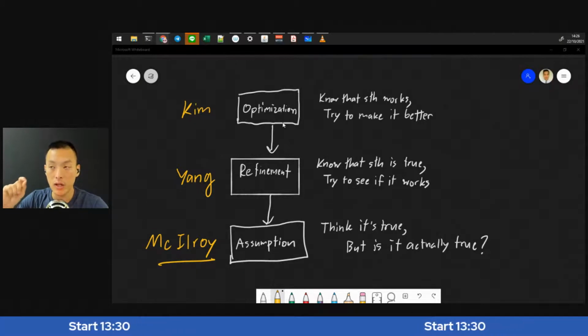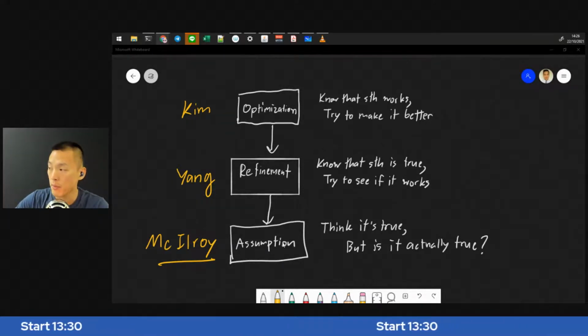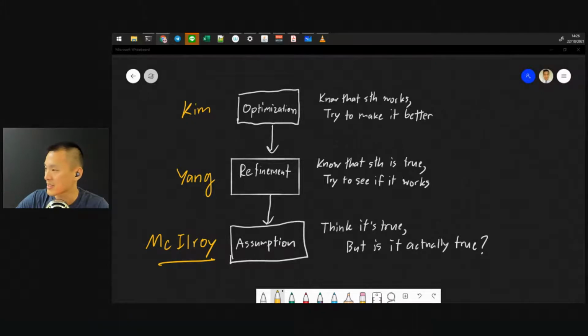What level of research you will be doing depends on a lot of factors. It depends on whether you have enough knowledge to be attacking a problem at this layer or not. It depends on the time that you have, the resources that you have, the team that you have, the expertise that you have, your interest, your passion, the market trend, what people are interested in.